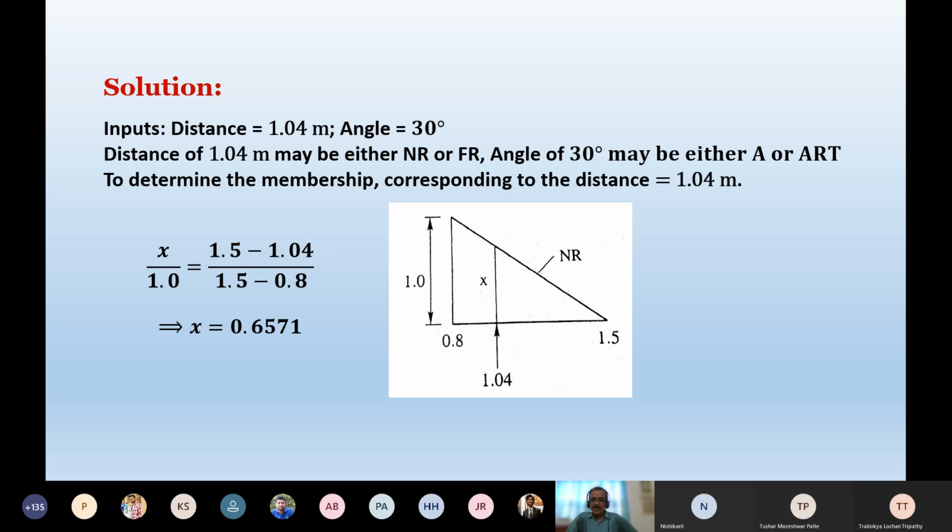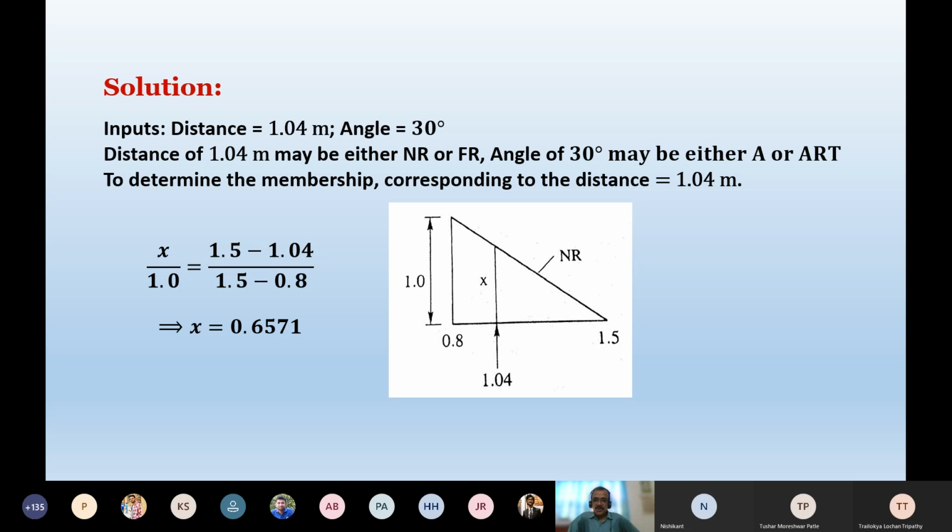This is one way of determining. There are some other methods, very simple. You find out the coordinates of this particular point, 1.5 comma 0, and the coordinates of this point, 0.8 comma 1.0. Find out the equation of this straight line. All of you know y equals mx plus c.